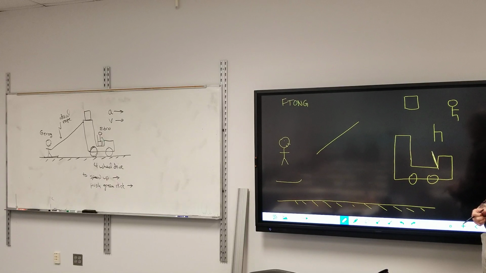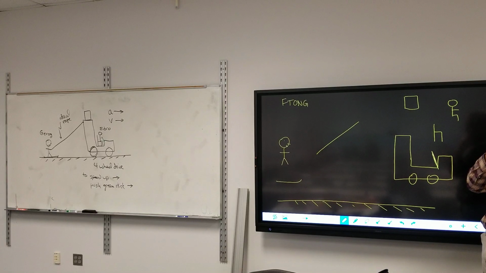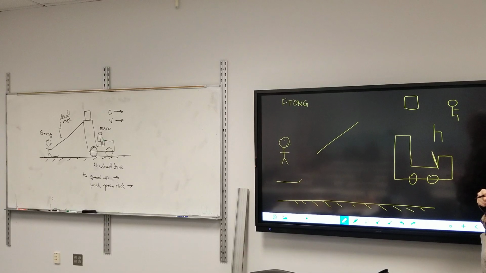FT, N, and G, they're going to happen. But I feel like that green stick element, that's part of the car. That's why I drew the stick as part of the car. This is one of the reasons why for the test level problem, I will separate it for you just so you're not playing guessing games of what goes with what.